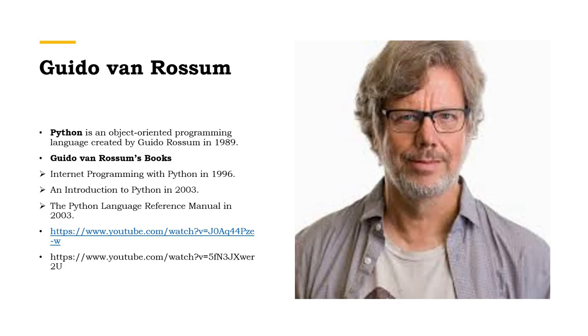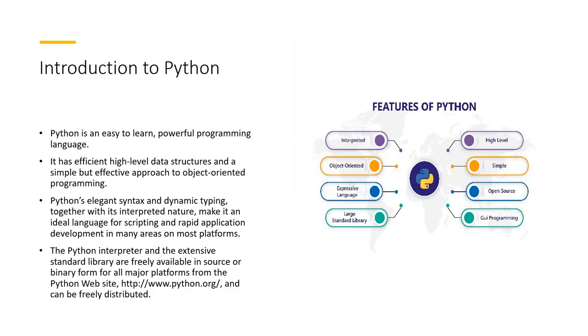And then I will share the links of two YouTube videos also, in which Guido van Rossum himself has discussed a few things related to the development of Python and what was in the mind of the development team when they were developing this language. So you can go through them. It will be a little bit interesting, and you will get more interest in Python programming and its development history. So I will share the links of these YouTube videos.